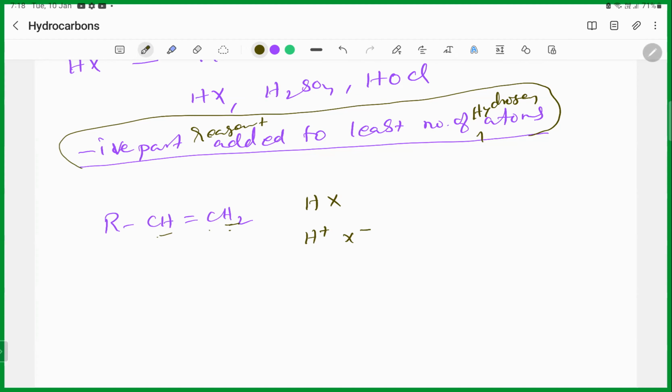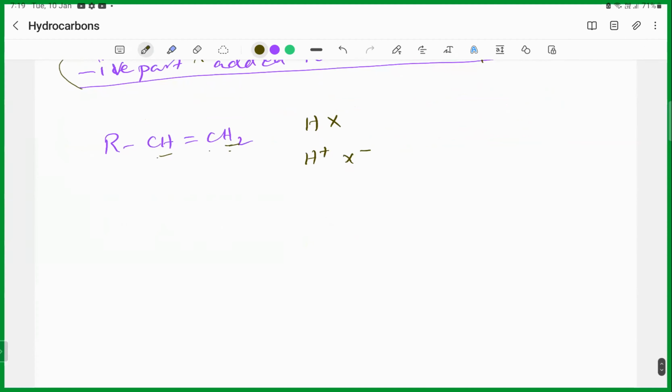You have to look across the carbon-carbon double bond. Where the carbon has the least number of hydrogens, there you have to add the negative part. Keep it in your mind. Here you have one hydrogen, here you have two hydrogens. So the negative part will come to this position, and the positive part will go to this position.